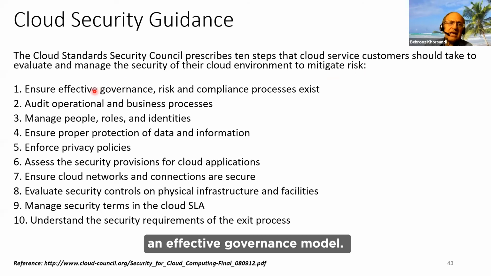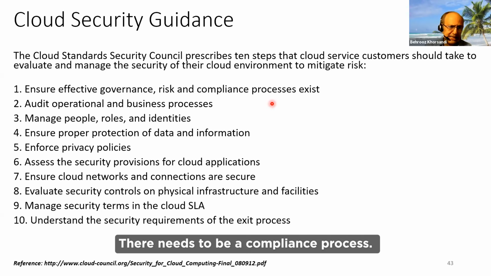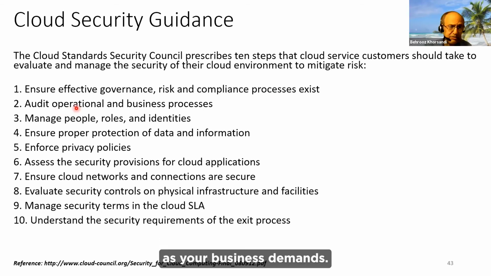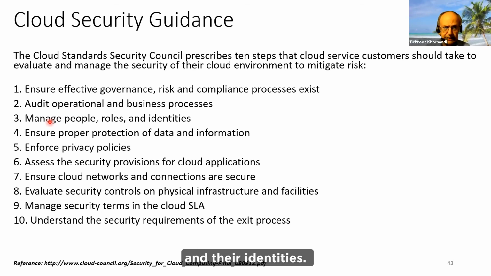There needs to be an effective governance model. There needs to be a risk process. There needs to be a compliance process. You need to be able to properly audit your operational processes and business processes every 6 months or a year, as your business demands. You have to have a proper place to manage your people, roles, and their identities.